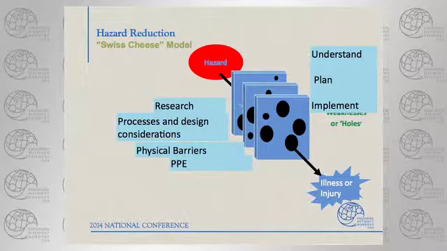Physical barriers. Do you have a building that you can put everything into? Can you do work within a building, or do you have to bring some caution tape to just rope off the area and say, hey, no one can cross this line?